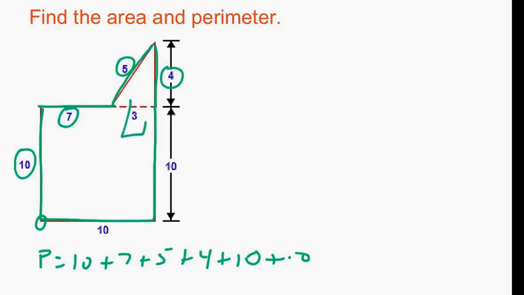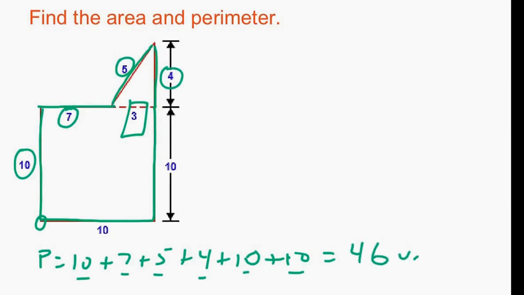Notice there's another number, but we don't need that number for perimeter because perimeter is just the outside and that's inside the figure. All right, we're going to add these up. 10 plus 7, 17, plus 5, 22, plus 4, 26, plus 10, 36, plus 10, 46. 46, once again, units. Just units, not units squared, because we're dealing with perimeter.